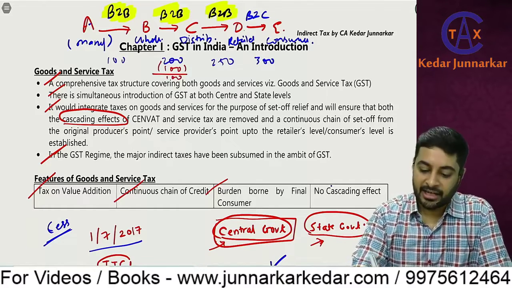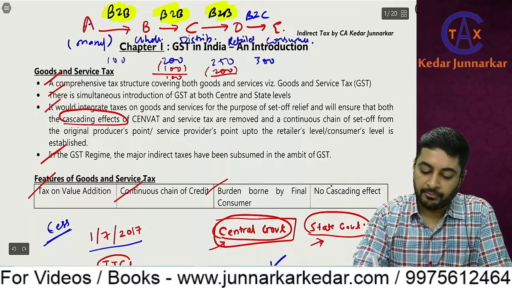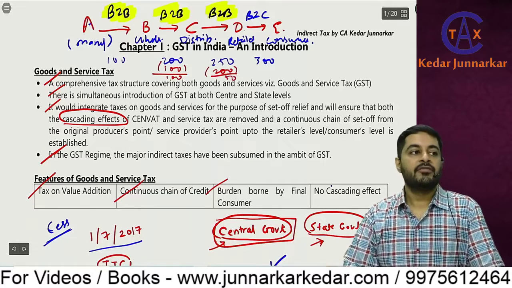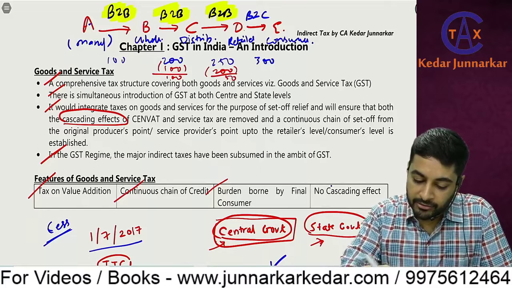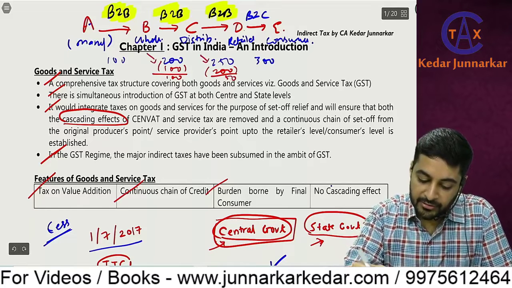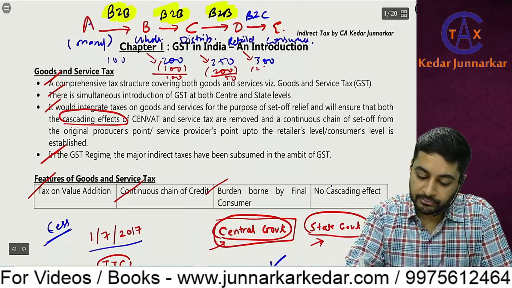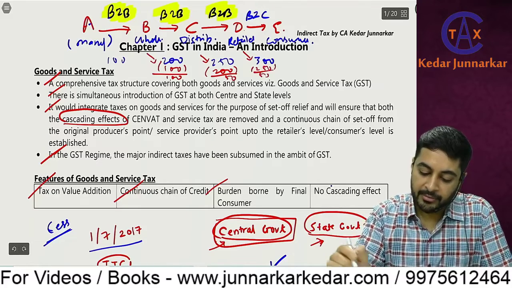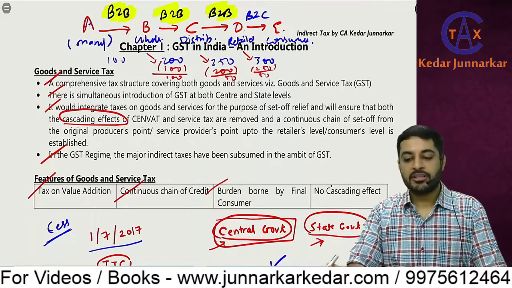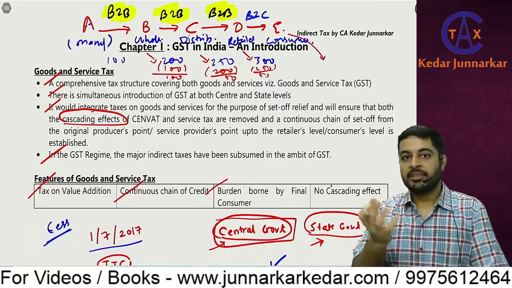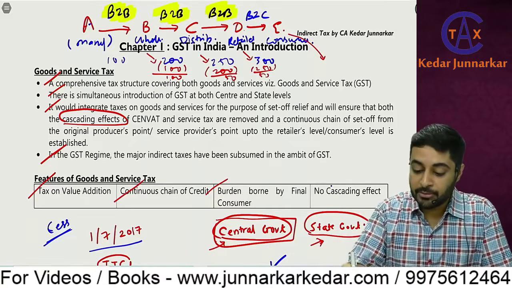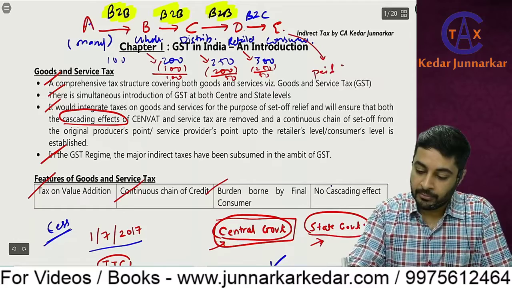C will get input tax credit of 200 and C will pay only 50 to government. D will get input tax credit of 250 and pay to government. How much input tax credit will E get? Nothing. But he has paid from his pocket 300.